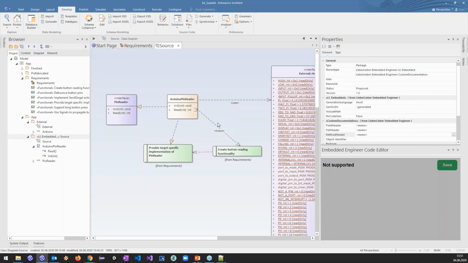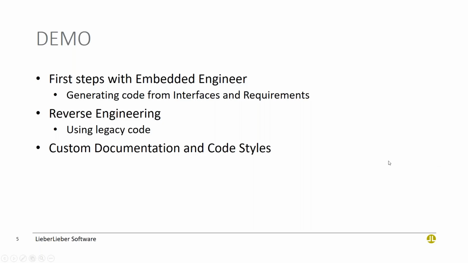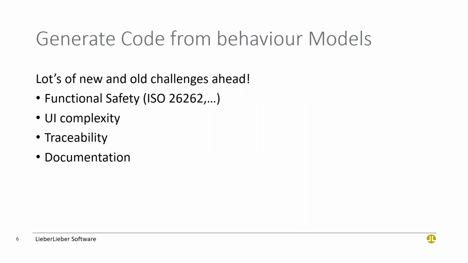Okay, so much for our first steps with Embedded Engineer. But only using implementation of interfaces, your legacy code and requirements wouldn't be all. We want to generate code from behavioral models. So why should we do it? Or to be more specific, what advantages does it give? As architects and developers, we're facing more and more challenges and need a way to handle them.